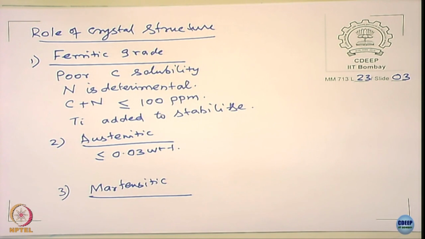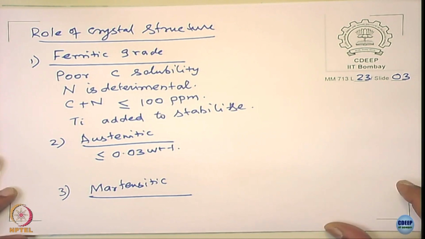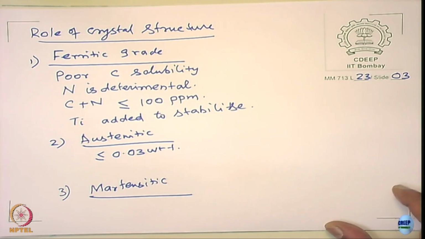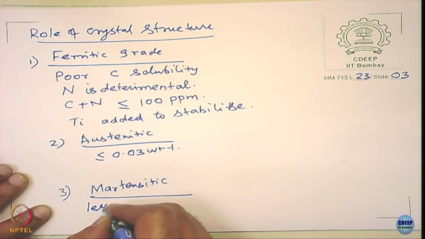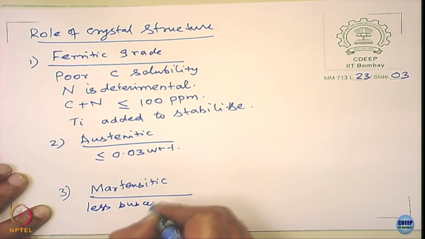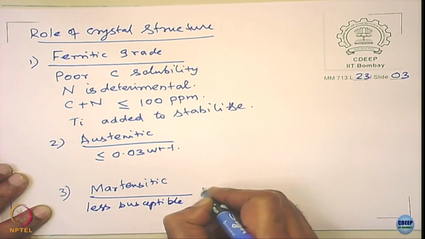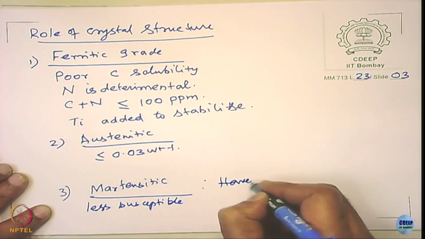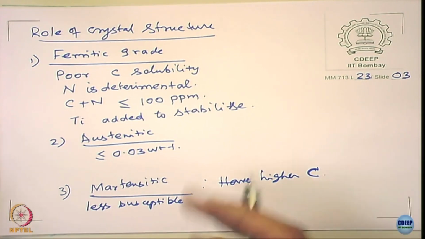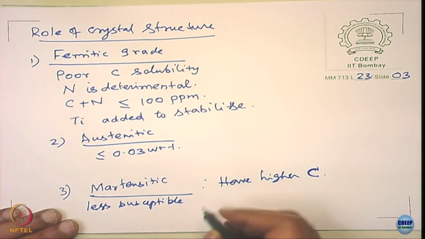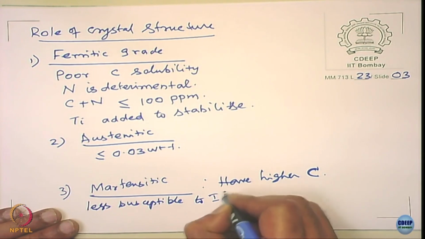So in order to form martensite, you need to have reasonable carbon content. Without that you cannot form. So the carbon content of martensitic stainless steels is higher compared to austenitic grade, of course ferritic grade actually. They have higher carbon, in fact highest carbon among all the stainless steels. But even then they are less susceptible to IGC.